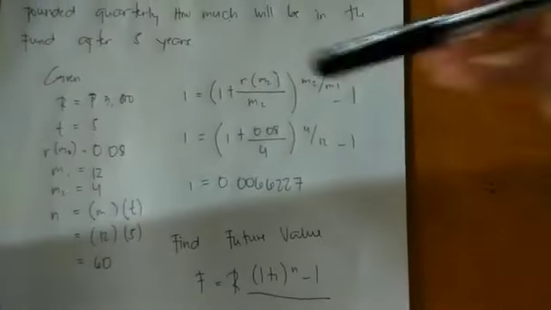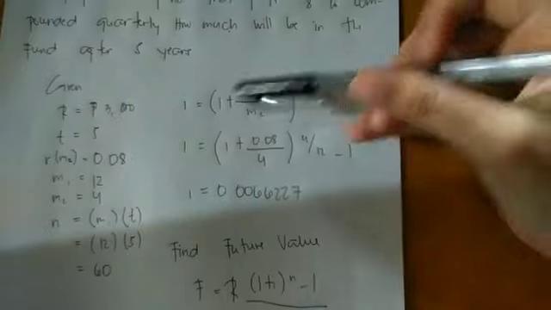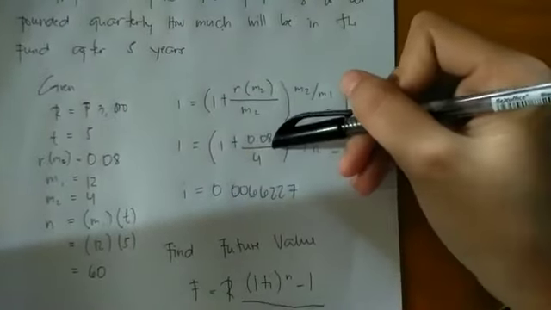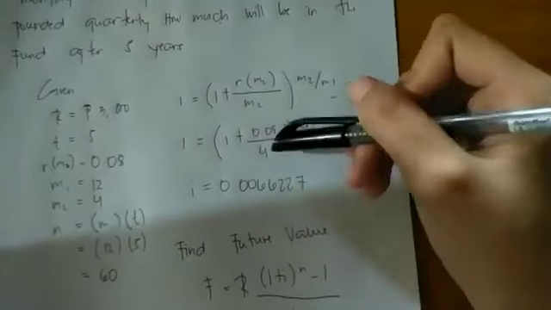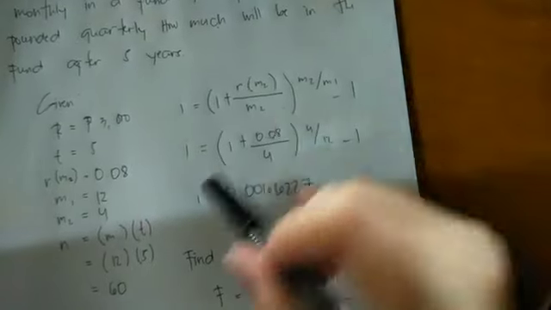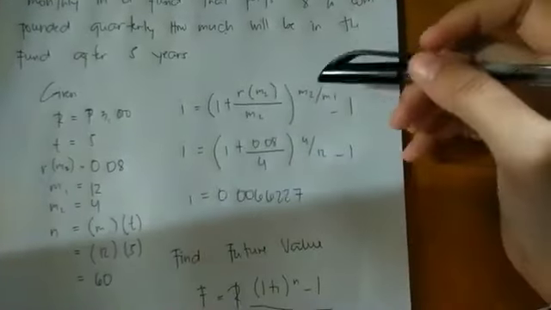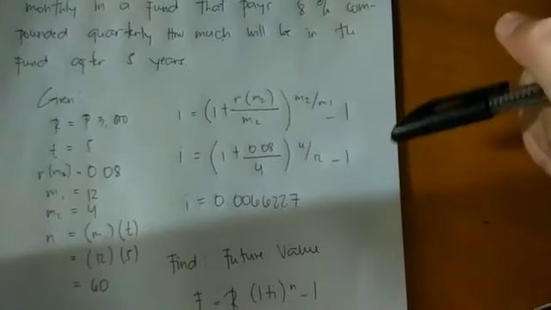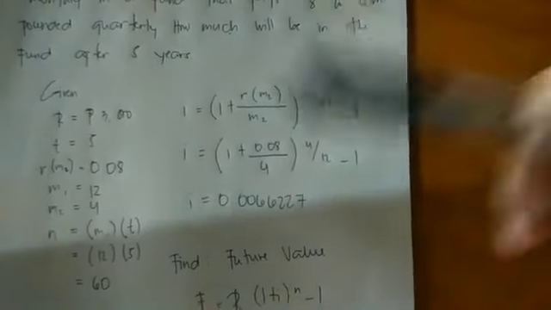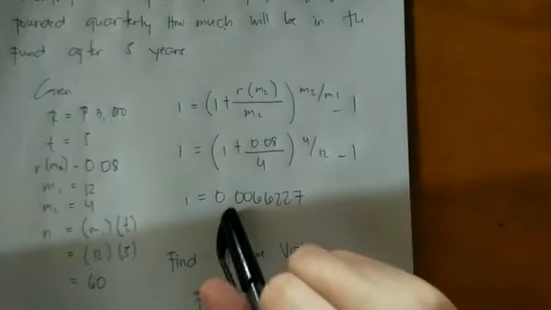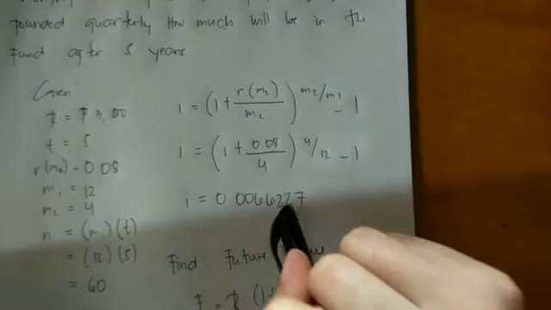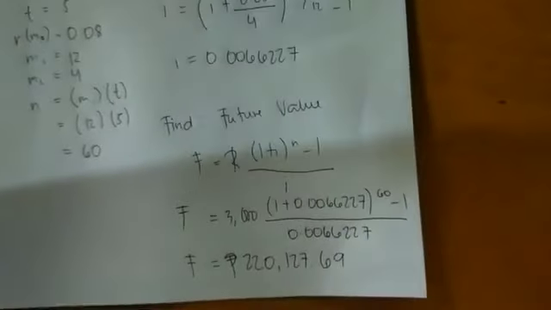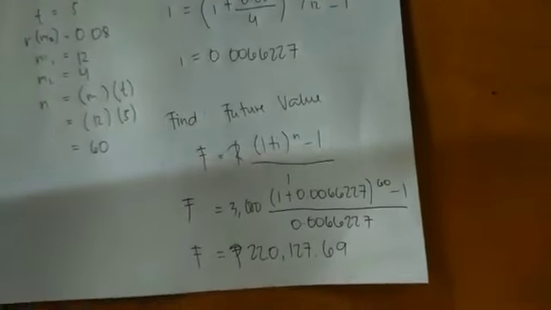Now let's find the i. The rate is equal to 0.08 divided by 4 plus 1, then 4 over 12, minus 1, and the i would be 0.0066227. Now let's find the future value.